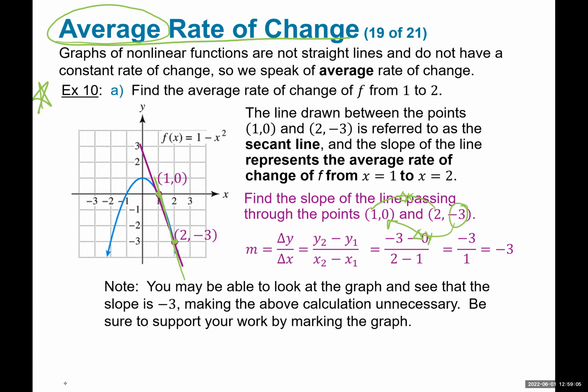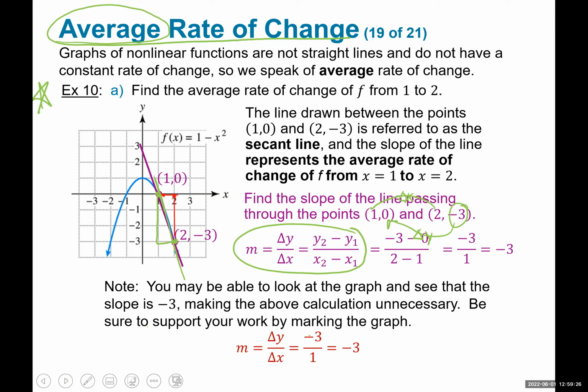Okay. So you can look at the graph and see that this was a drop of 3 over 1. And that's totally fine if you can do it like that. That's how I do it. But if you want to use the formula and remain consistent and get good practice of using the same thing over and over, then this formula never changes and it's always going to stay the same and it's legit.